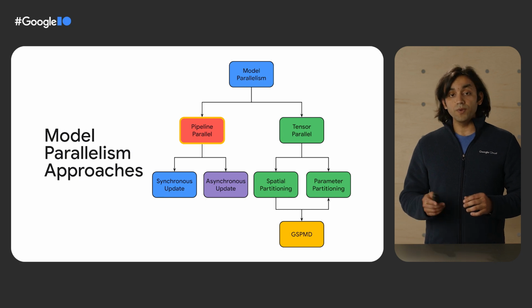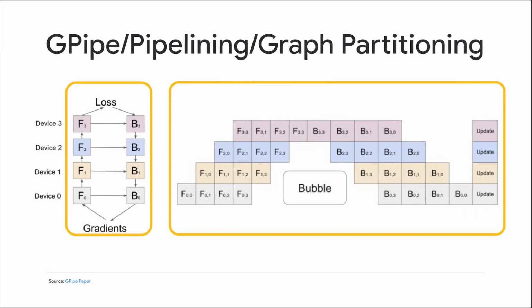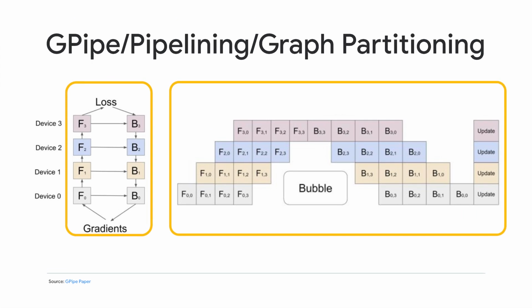Now let's take a quick peek into an example of pipeline parallelism. Recall that in pipeline parallelism, we partition our model layer-wise across multiple devices or workers. Here we're looking at GPipe, which used microbatching. That's time slice the mini batches per worker and further pipeline these micro batches through these workers.